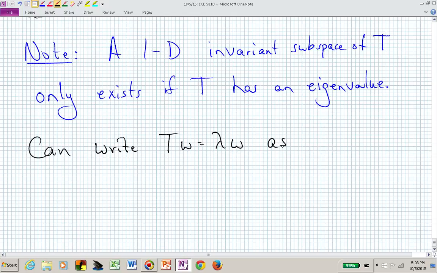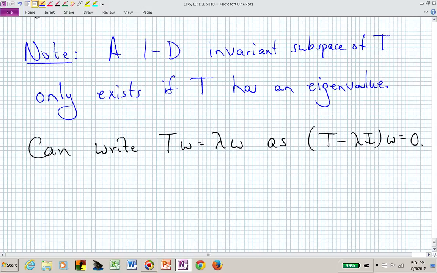And we've already learned how we can rewrite Tw equals lambda w. We can rewrite that as (T minus lambda I) w equals 0. But that should look very familiar. We now have an operator operating on a vector mapping us to the 0 vector. What does that mean about w?